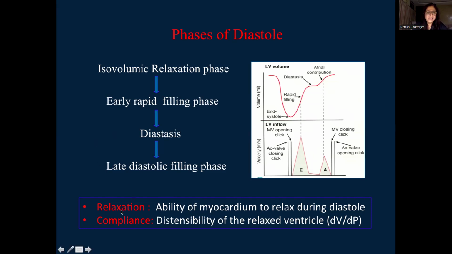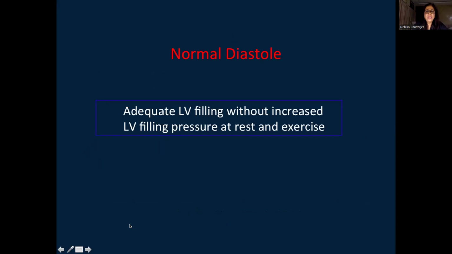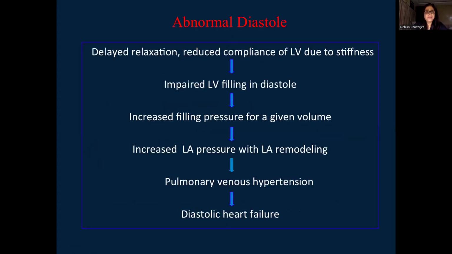If relaxation and compliance both are normal, then there will be adequate LV filling without increased LV filling pressure at rest, as well as with exercise. But if there is a delayed relaxation, or reduced compliance of the LV due to stiffness, due to various causes which I am going to discuss, there will be impaired LV filling in diastole, leading to increased filling pressure for a given volume.